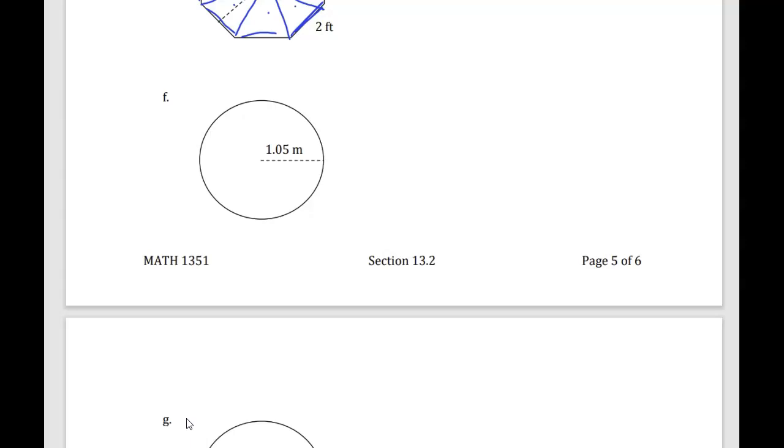Area of a circle. Area of a circle is pi times the radius squared. Now, we want to leave the pi in there because that's the exact value, just like when we were talking about circumference. My radius is 1.05, so I'm going to have pi times 1.05 squared.